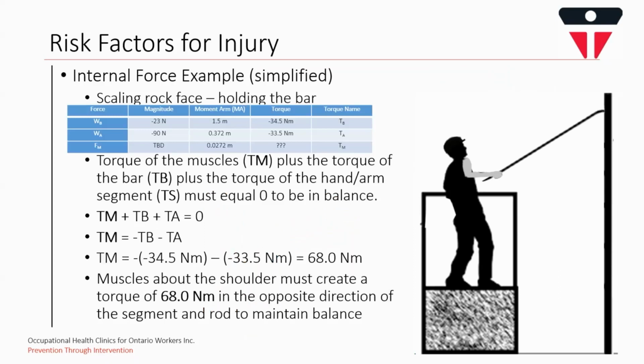Then by combining everything into the formulas, what we end up finding is that the torque of the muscle, so the amount of energy or force that the muscle has to exert, is about 68 newtons. So the muscles about the shoulder create a torque of 68 newton meters in the opposite direction of the bar in order to maintain equilibrium.